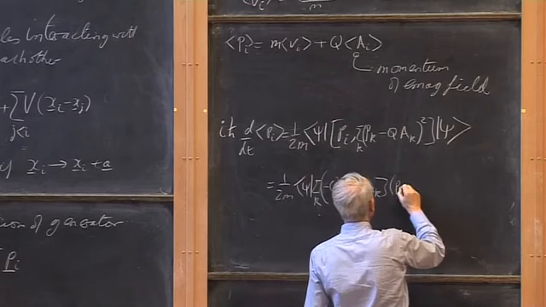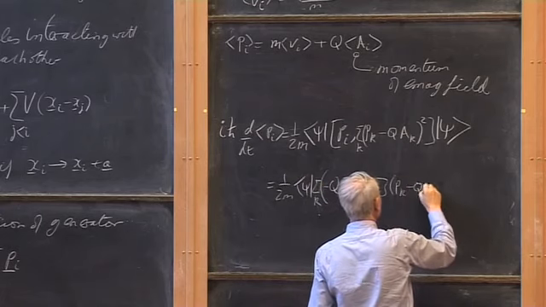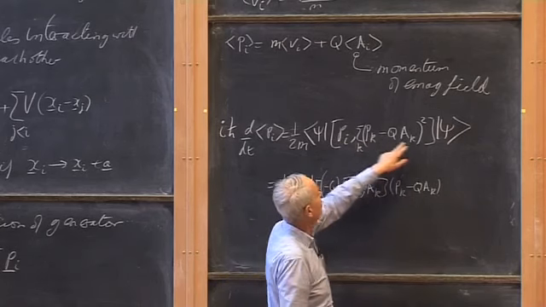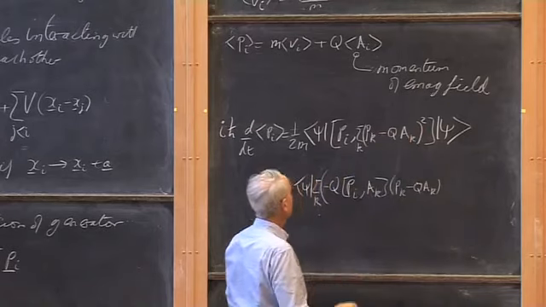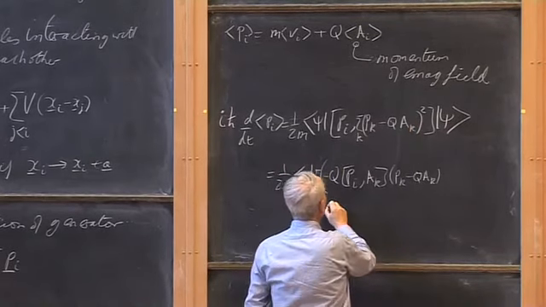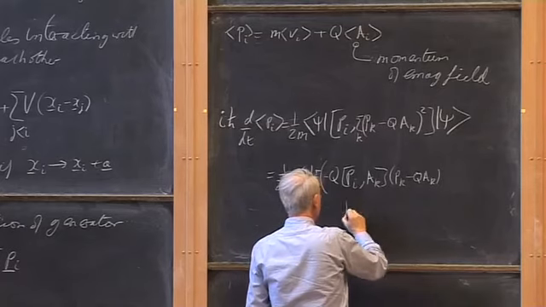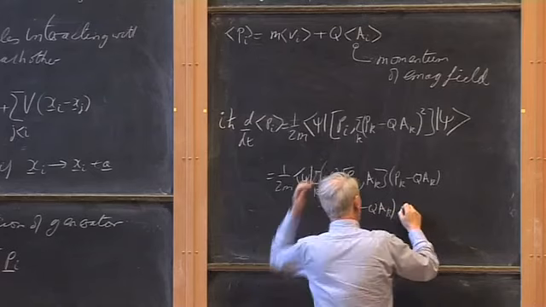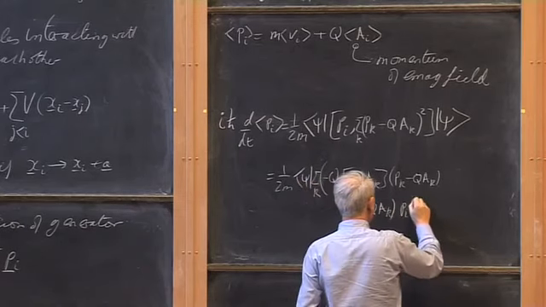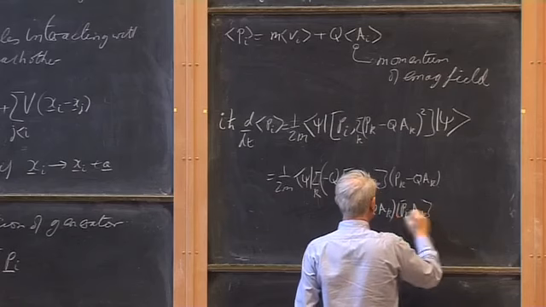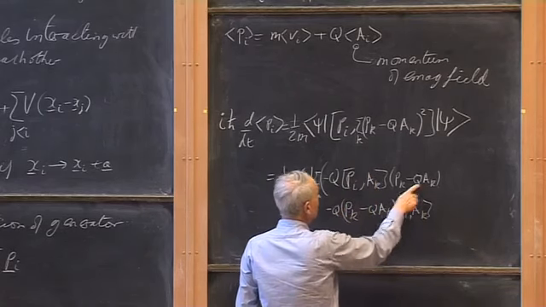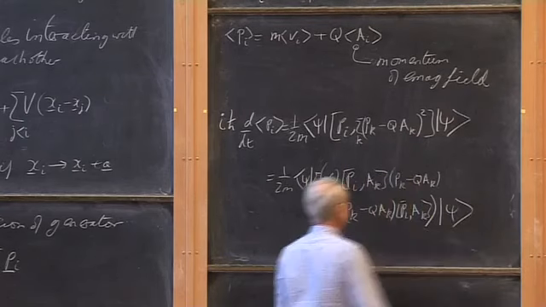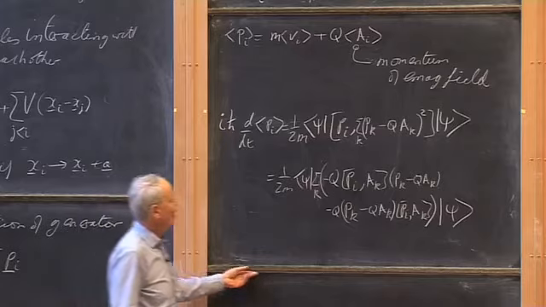Times pk minus q ak. So that's p commuting with the first of these two brackets, and then we will have pk minus q ak times the commutator of pi with ak and a factor of minus q from here. Close big brackets. So this is a disgusting mess that we have.